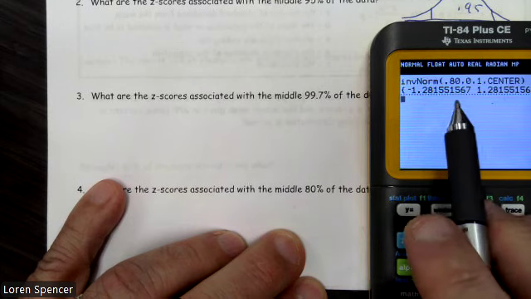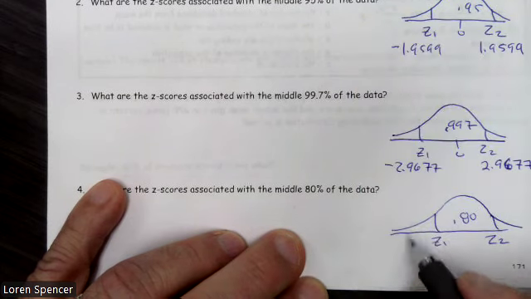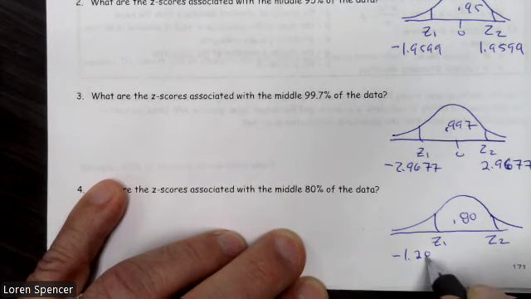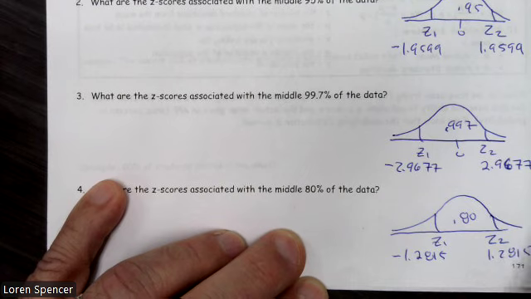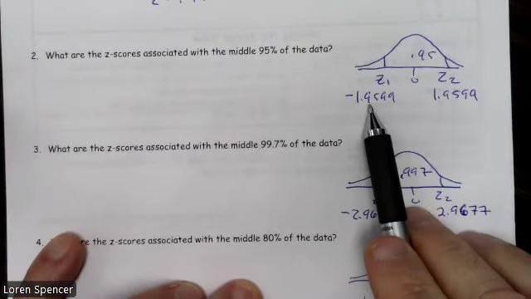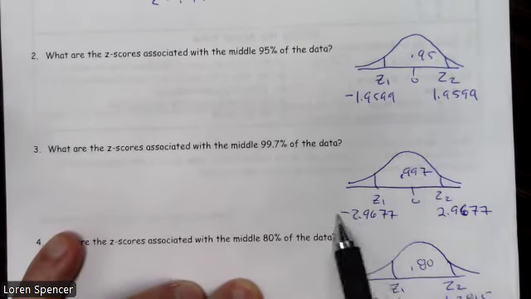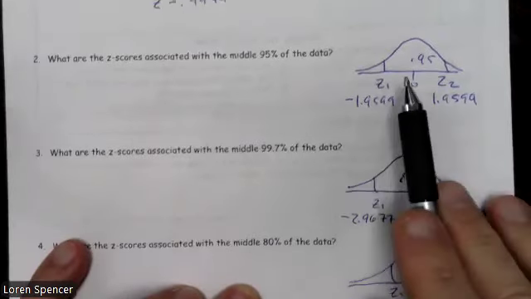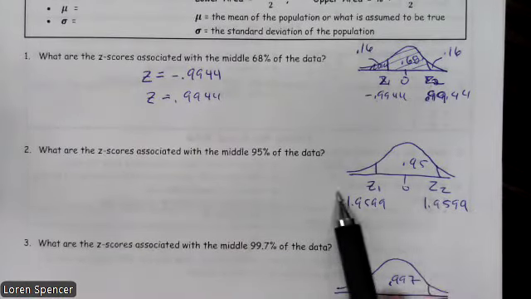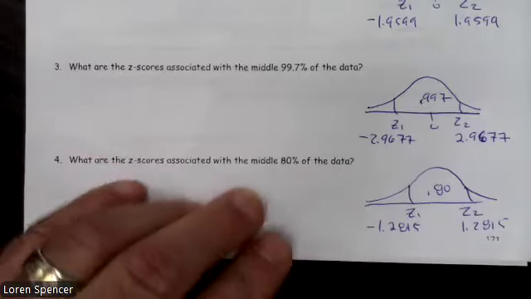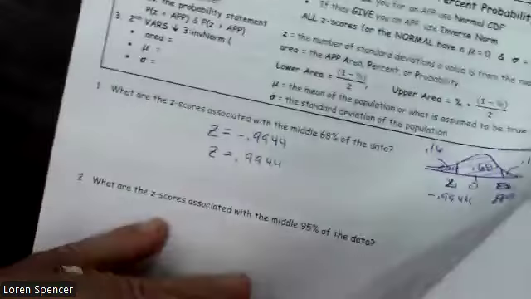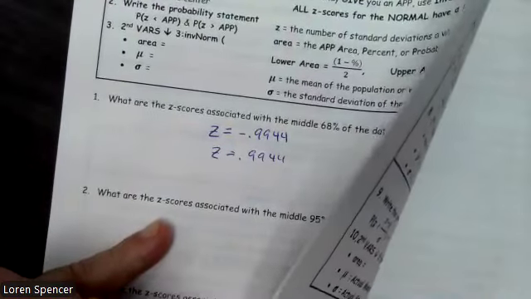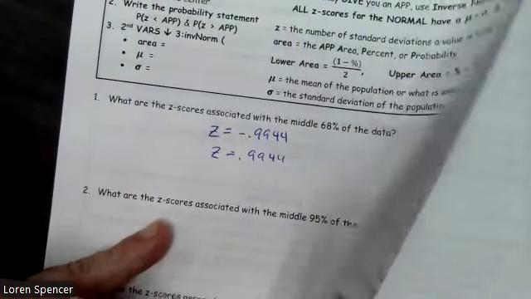And we get negative 1.2815 and positive 1.2815. Notice that once we found one, we really knew the other because we are symmetric. All we had to do is change the negative to a positive and we're good to go. All right, that takes care of that part. So that's centered about the mean using percents.